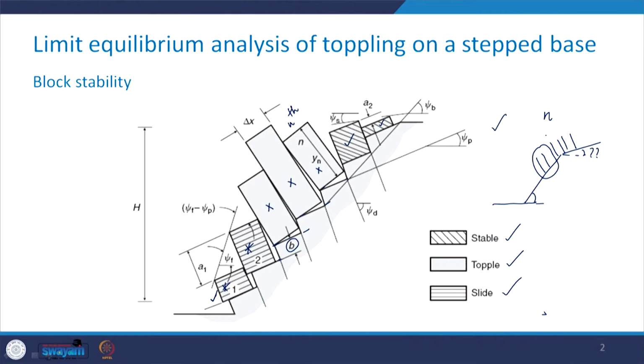Now, here you can see that for the nth block, we have taken the height of the block as yn. Now what we will do is try to get the forces acting on any typical nth block.